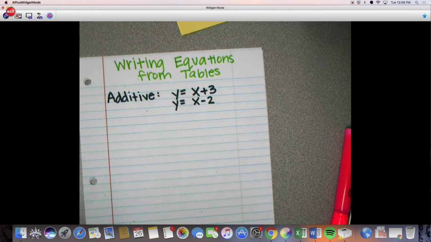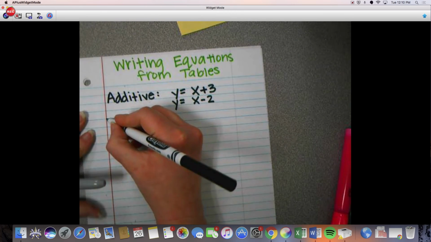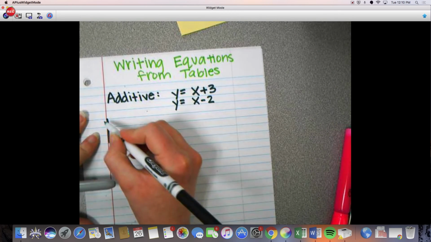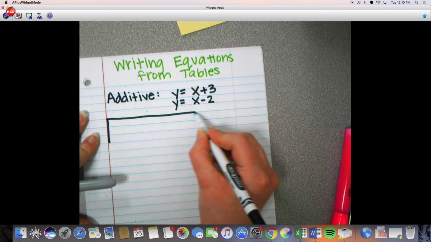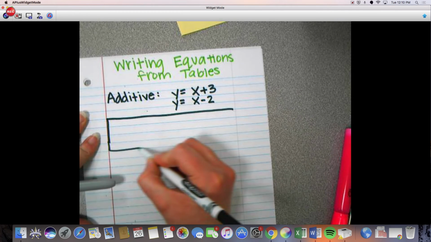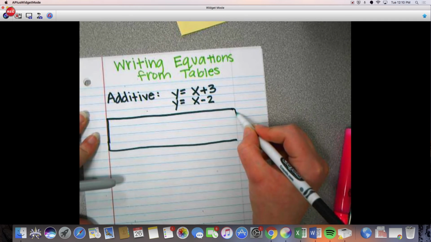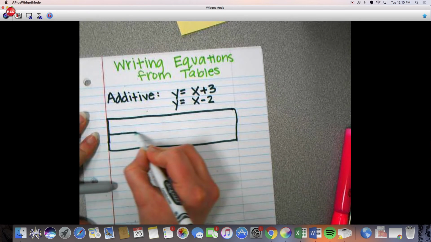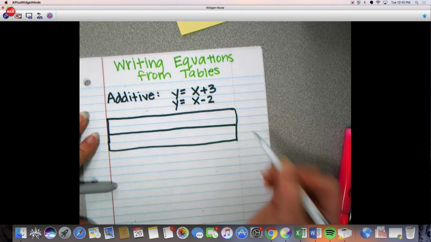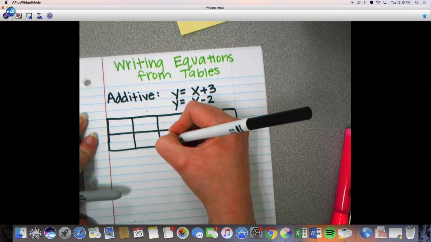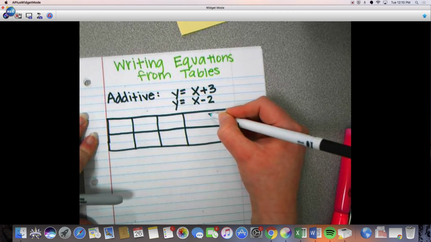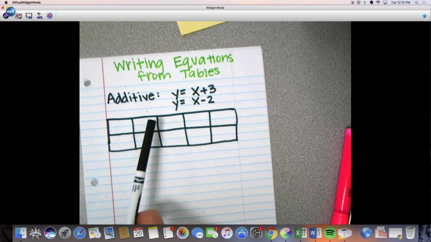So let's look at an example in a table. We're going to draw a table on our notes. I want it to have about 5 columns, so 10 squares total.